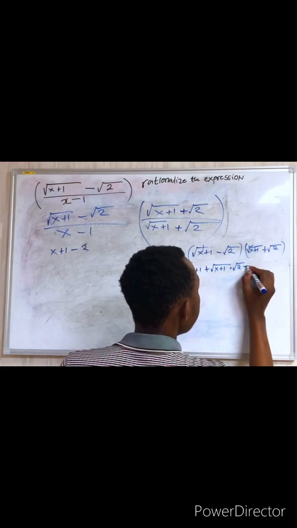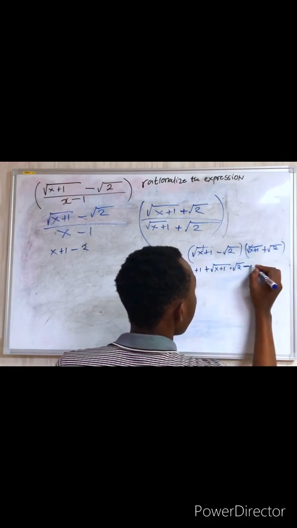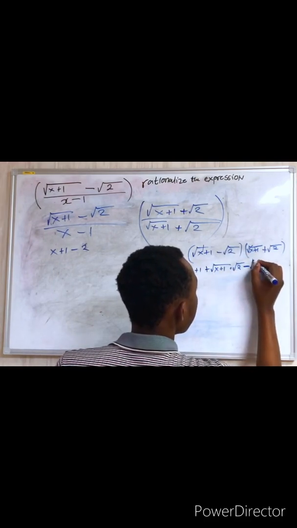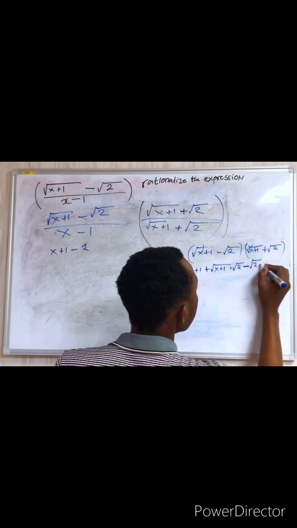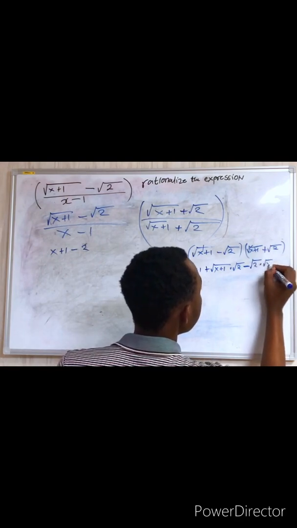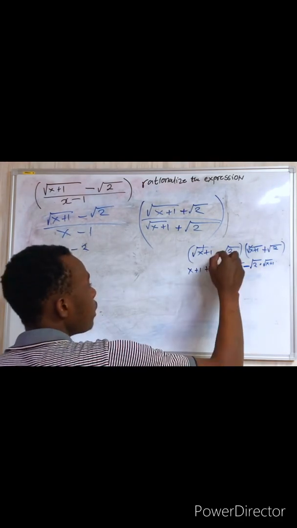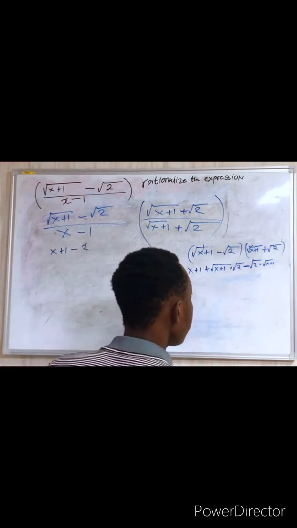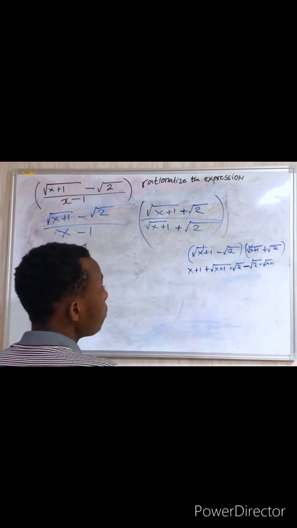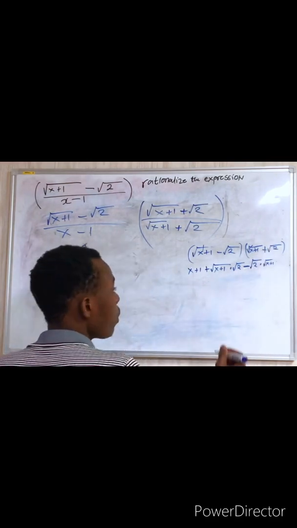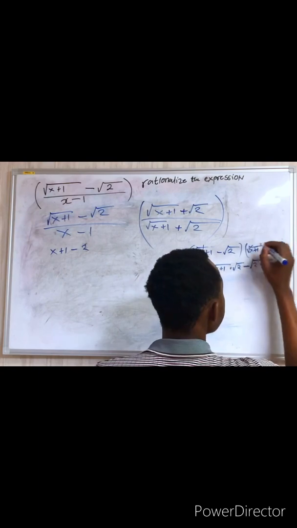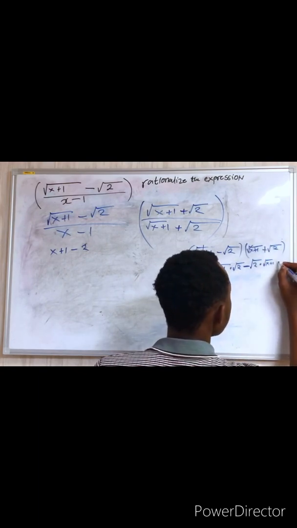Here it is going to be minus, because of this minus, root 2 multiplied by root x plus 1. And then the last one, I'm going to multiply negative root 2 multiplied by root 2. What are you going to get? This and this, you get 2. Because of this minus, it is also going to be minus 2.